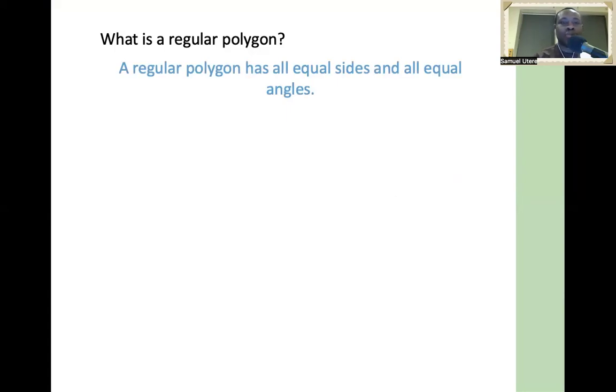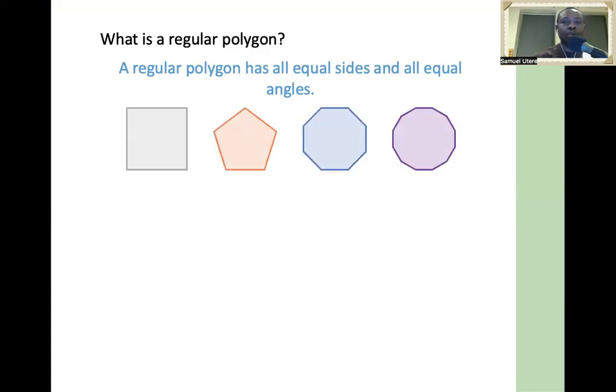So I repeat, a regular polygon is a polygon that has all equal sides and all equal angles. And here are examples. These are all regular polygons. You can see they have equal sides and equal angles.